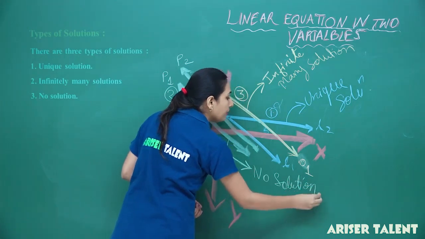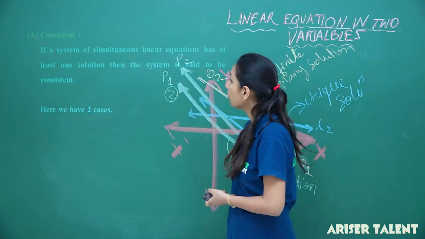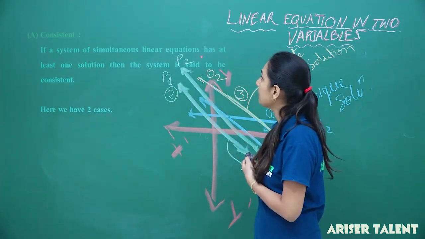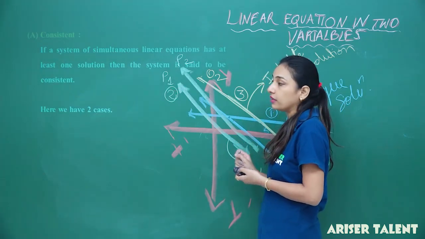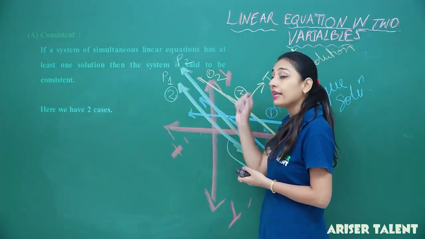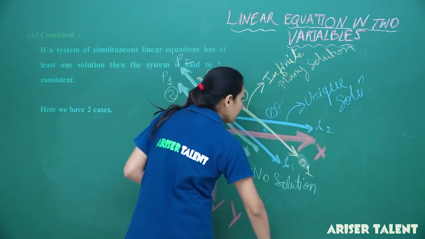So we divided them into consistent and inconsistent. Remembered? Okay. So if a system of simultaneous linear equations has at least one solution, then the system is said to be consistent. Okay, at least one solution. So can I say at least?